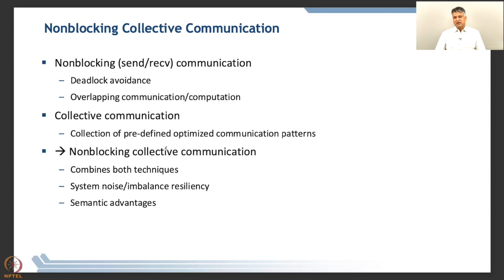Now, it might be useful to overlap this communication with some computations if the broadcast variable is not required immediately. Hence, it is advisable to use non-blocking collective communication if your program is not critically dependent on the broadcast variable at that particular moment. This also has good advantages from a programming perspective because it increases the efficiency.